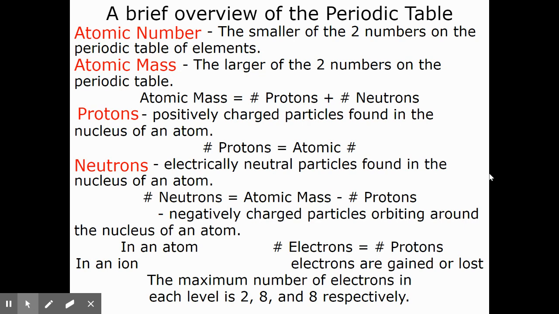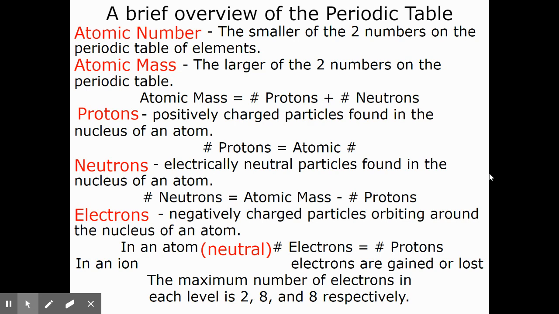All right? Now, the negatively charged particles that orbit around the nucleus are what are called electrons. Okay? They're negatively charged. Now, if you have a neutral, stable atom, your number of electrons is going to equal the number of protons.